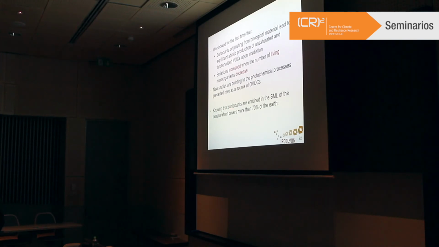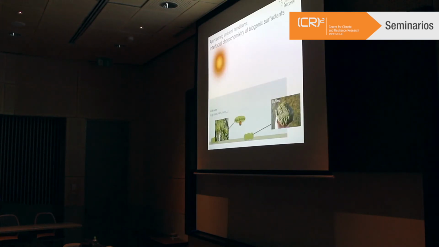And we know that this surfactant is enriched in the SML, which covers something like 70% of Earth. So we are not talking about a small surface right now. And this is what suggests that we have an abiotic production of VOCs, which could explain some of the observations.